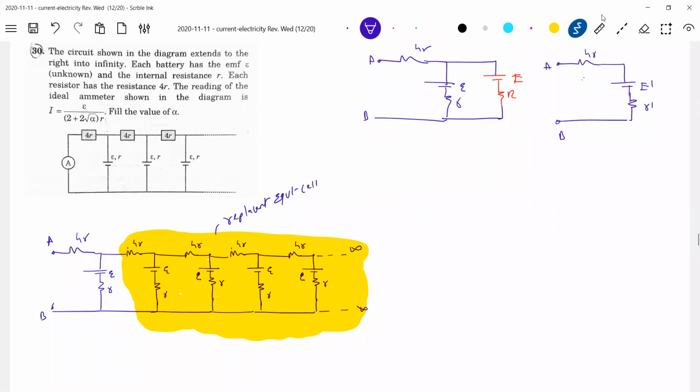First, what is E dash? Shall we take the effective of this? I'll help you like this. You know the equivalent EMF, small e, by the equivalent resistance. This is the formula. What is E dash? Shall we write E dash equal to capital E?